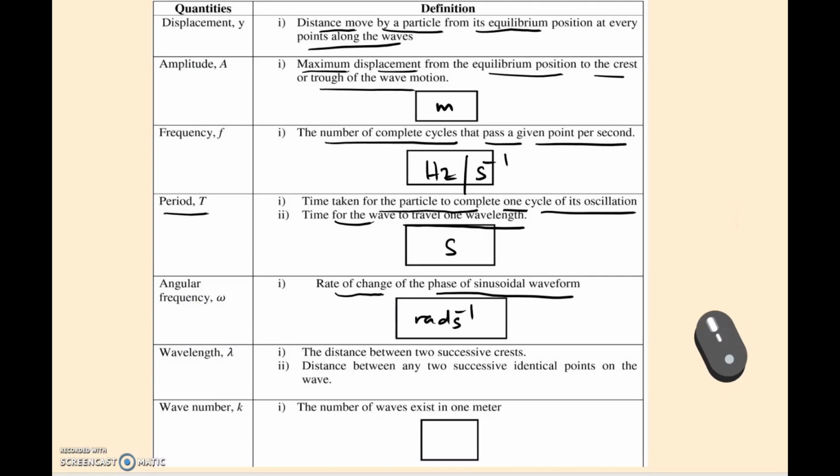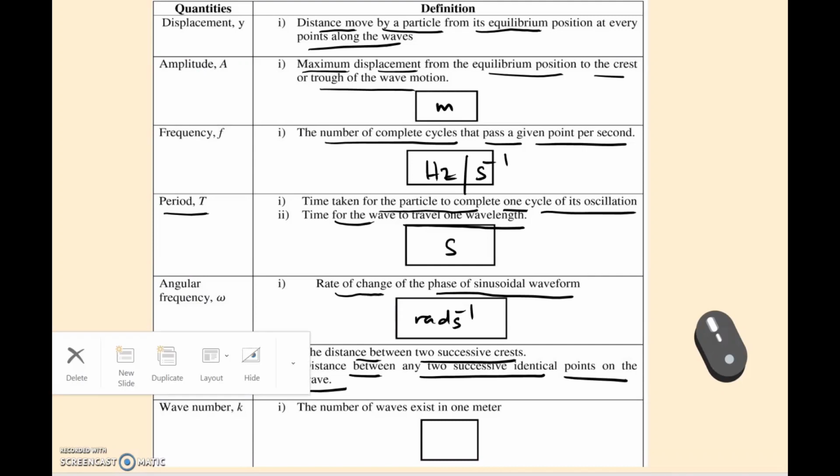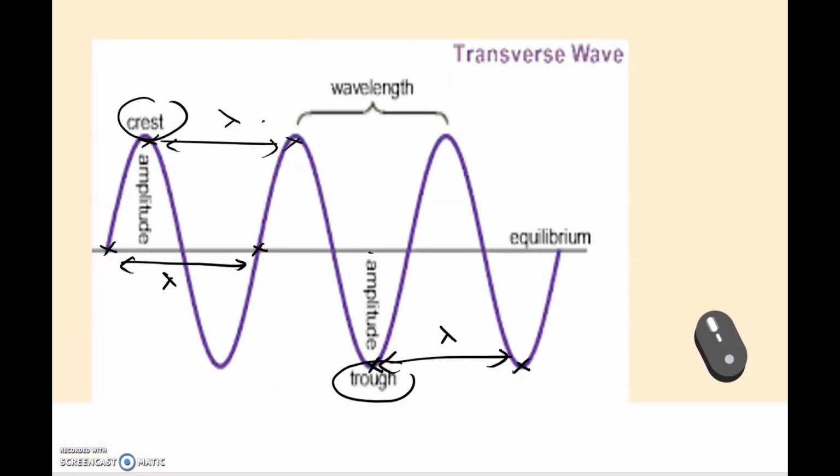We also have wavelength. Wavelength is the distance between two successive crests, or the distance between any two successive identical points on the wave. So this is the wavelength.